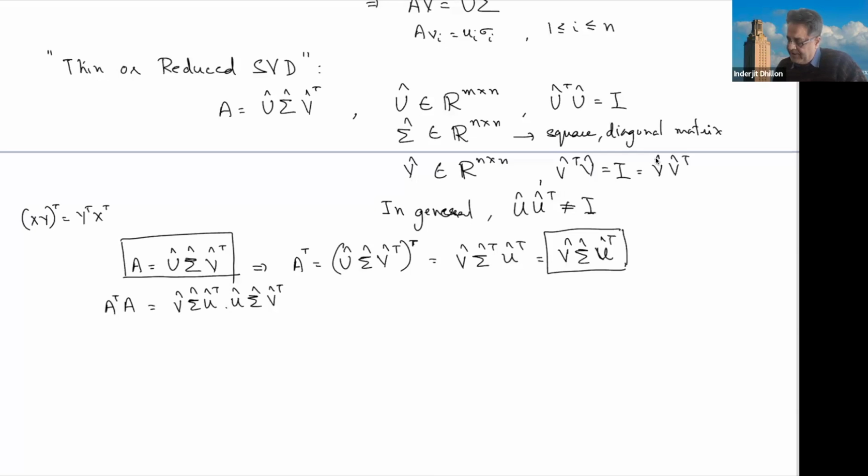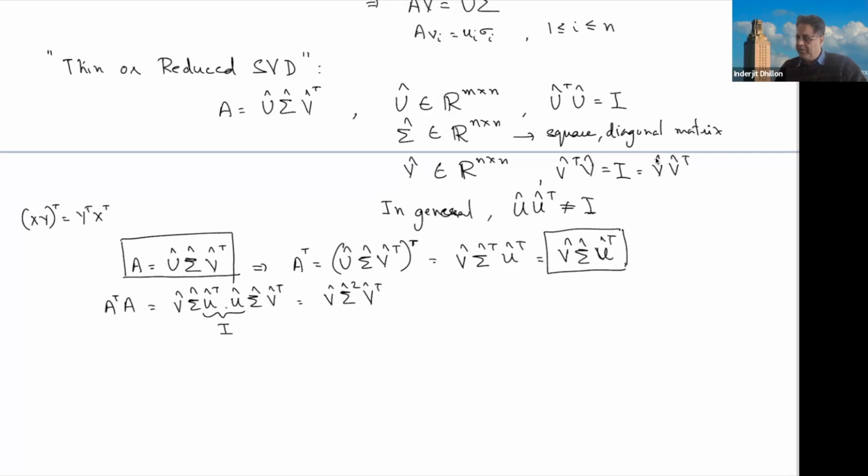U hat transpose U hat is the identity, so I have V hat sigma hat squared V hat transpose.